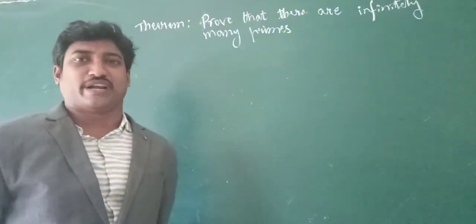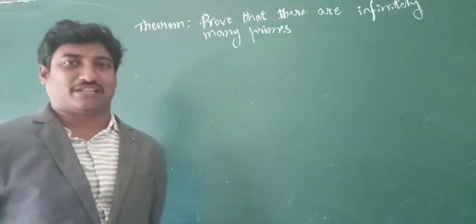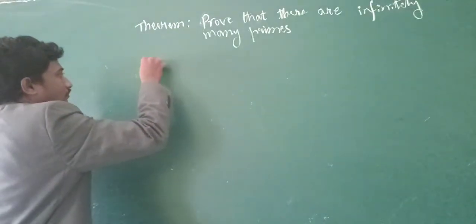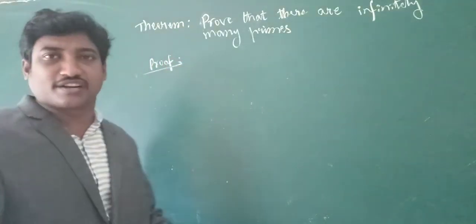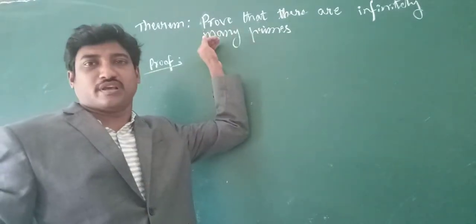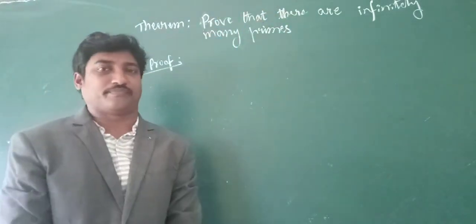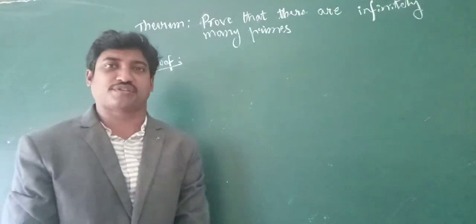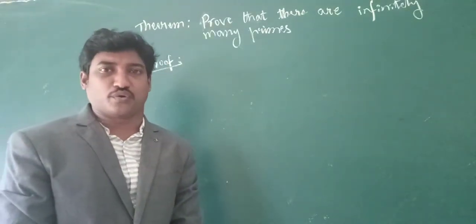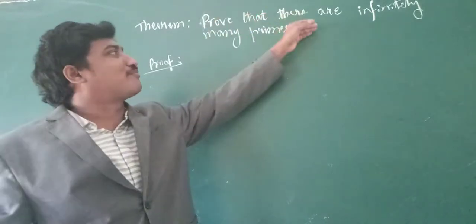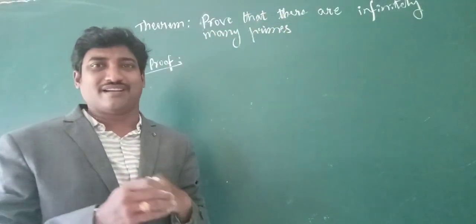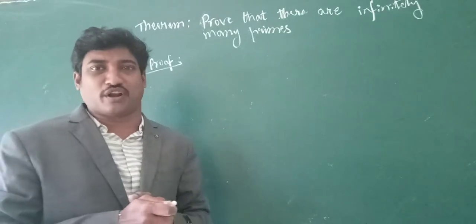I am going to prove it by the contradiction method. In the contradiction method, we go quite opposite to the given statement. After some sequence of steps, we may arrive at a contradiction. Suppose we have to prove number of primes are infinite. Let us go with the quite opposite statement.